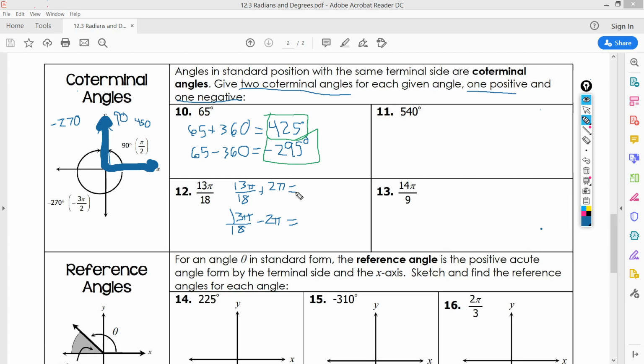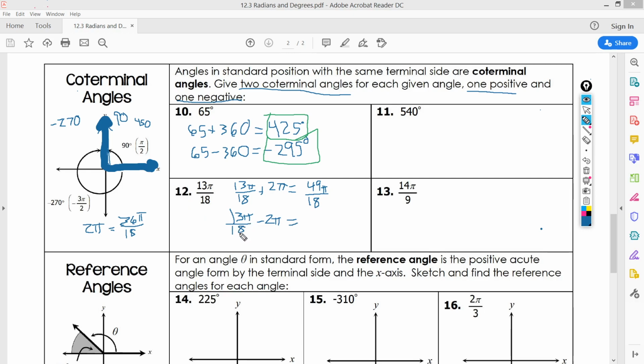It's a little harder because you have to deal with fractions, but it's not too bad. We want to take this 2 pi and know that 2 pi is the same thing as 36 pi over 18, giving it the same denominator so we can add them. And 36 plus 13 is 49, so this is 49 pi over 18.